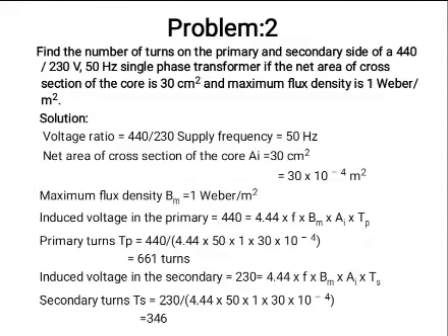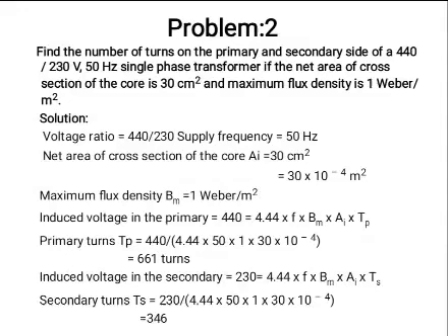Let us look into the second problem: find the number of turns on the primary and the secondary side of a 440 by 230 volt 50 Hz single phase transformer. The net area of cross section of the core is 30 centimeter square and the maximum flux density is 1 Weber per meter square.